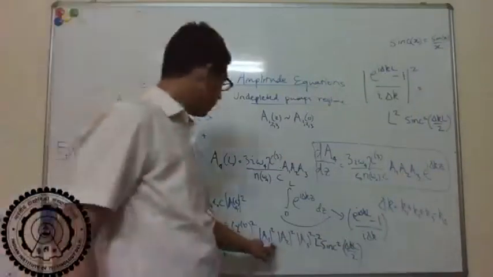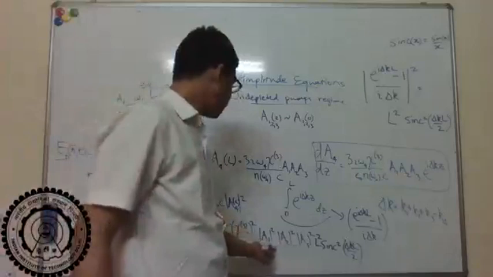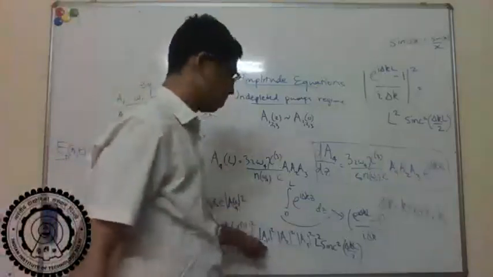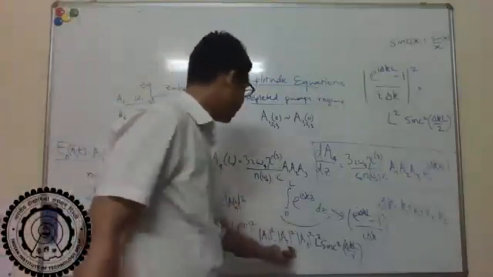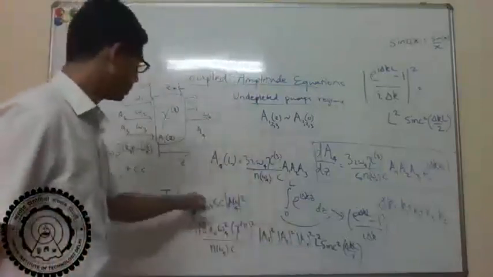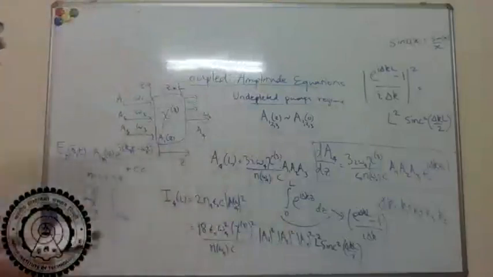So mod A1 square, mod A2 square. Mod A1 square is proportional to the intensity of field 1, right? So I can write this as I1, I2, I3, again by including these factors.